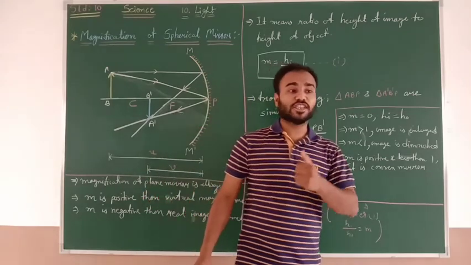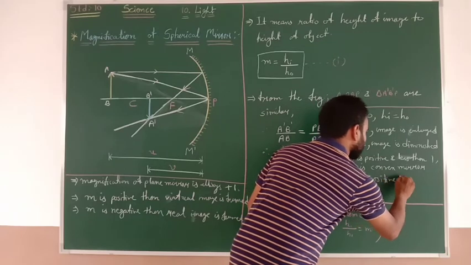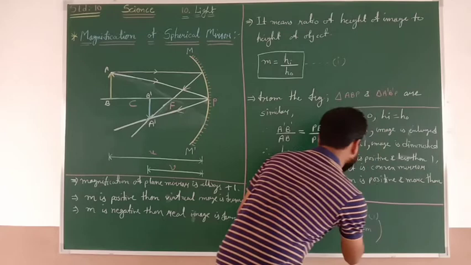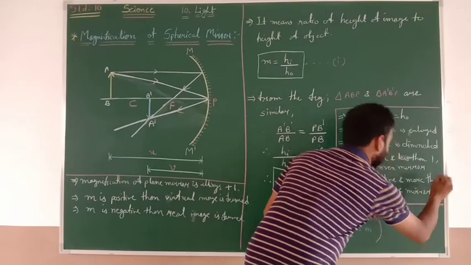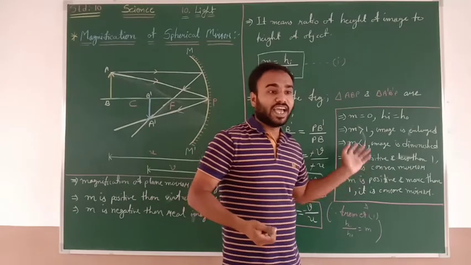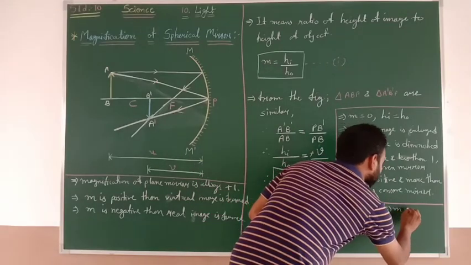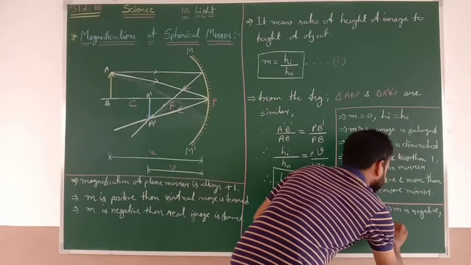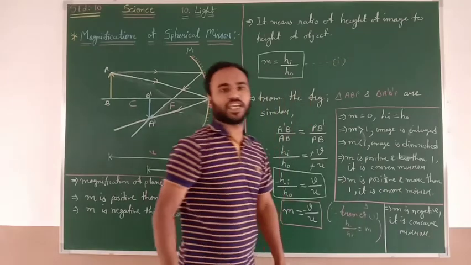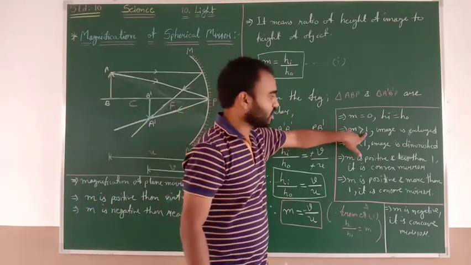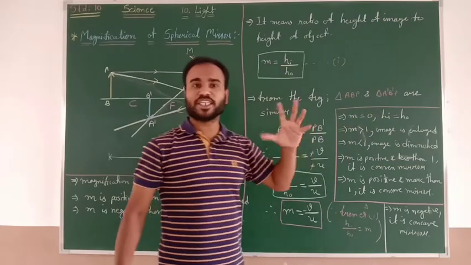But when magnification is positive and more than 1, it is a concave mirror. When m is less than 1, the image is diminished, and when magnification is 1, object and image size will be equal.